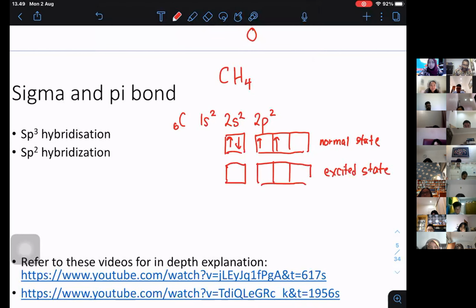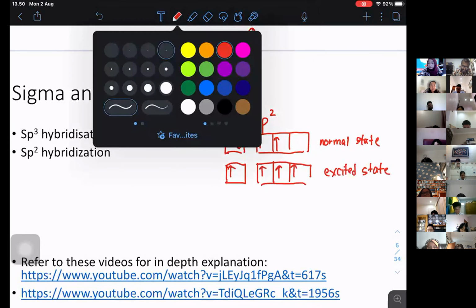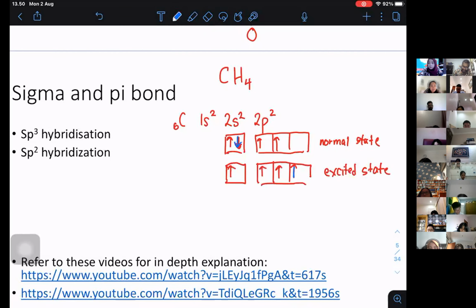The electron over here will go to this side. I hope you can see this. This electron will come over here, so this is going to be the excited state. And you can see that the excited state of carbon is now able to receive the electrons from 4 atoms of hydrogen.